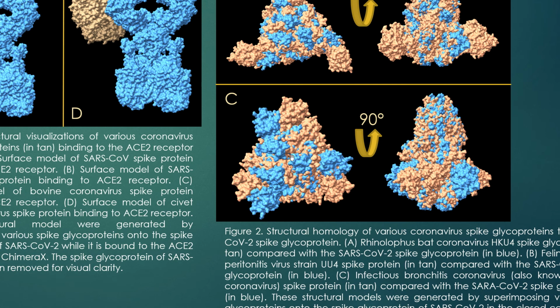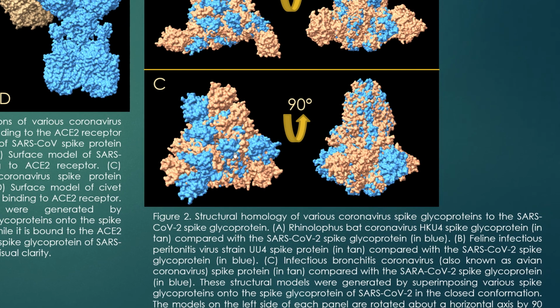And then panel C is the avian coronavirus. And it does have a triangular structure. However, most of the protein residues, amino acids, that align with those of SARS-CoV-2 shift these corners.